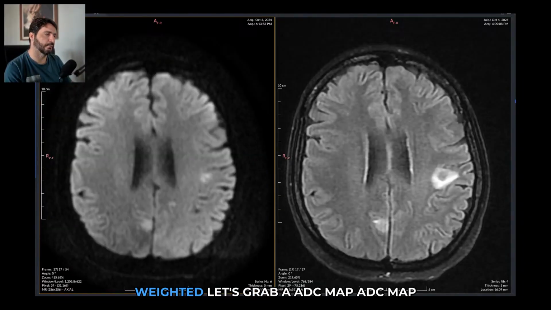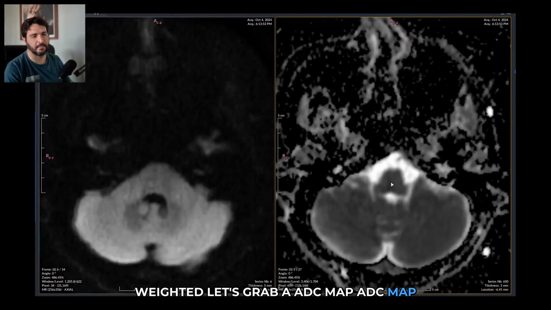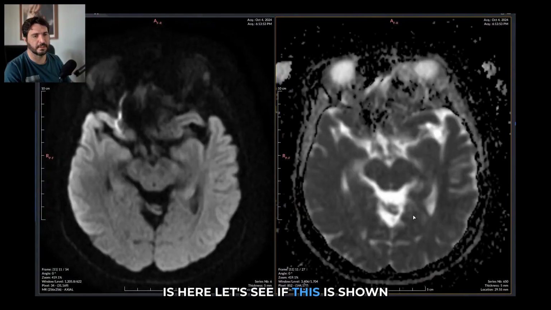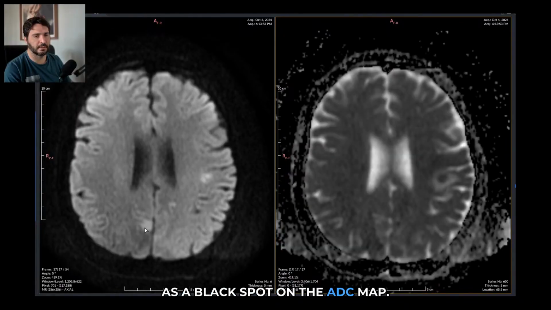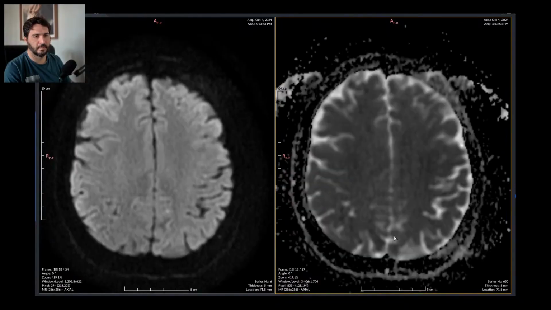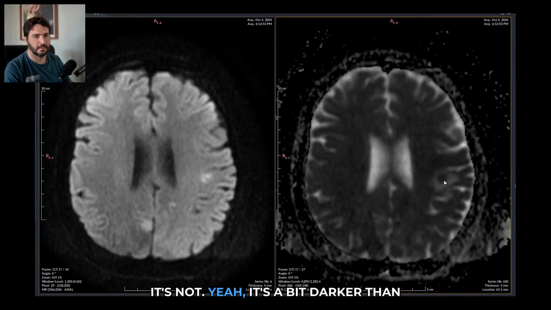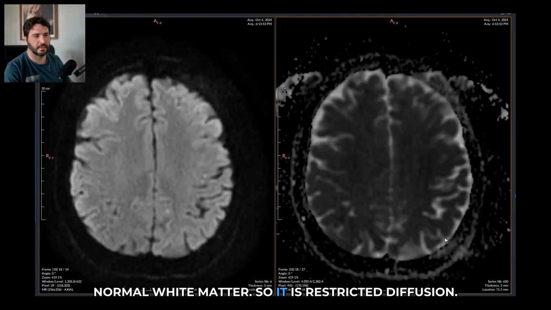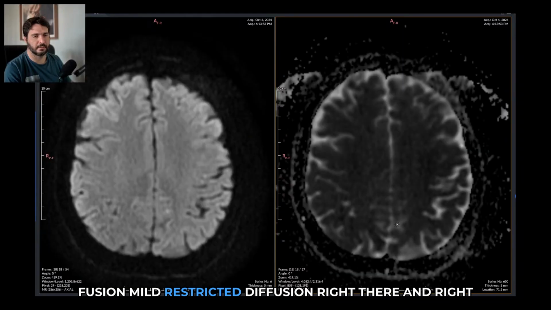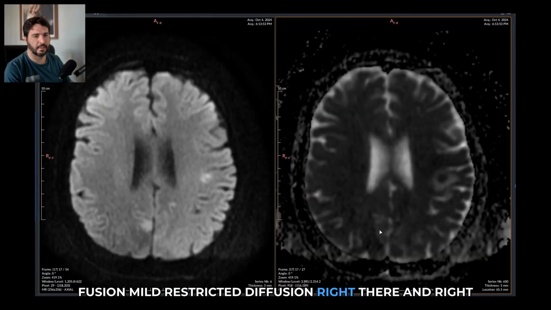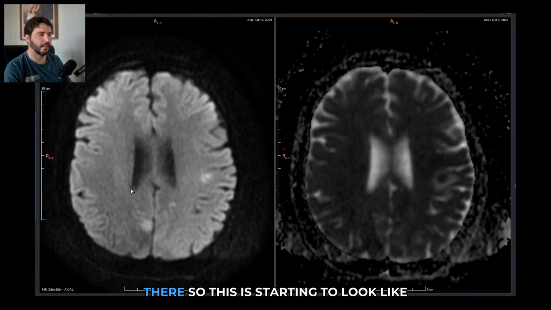And this is the diffusion-weighted. Let's grab an ADC map. ADC map is here. Let's see if this is shown as a black spot on the ADC map. It's not. Yeah, it's a bit darker than normal white matter, so it is restricted diffusion, mild restricted diffusion, right there and right there.